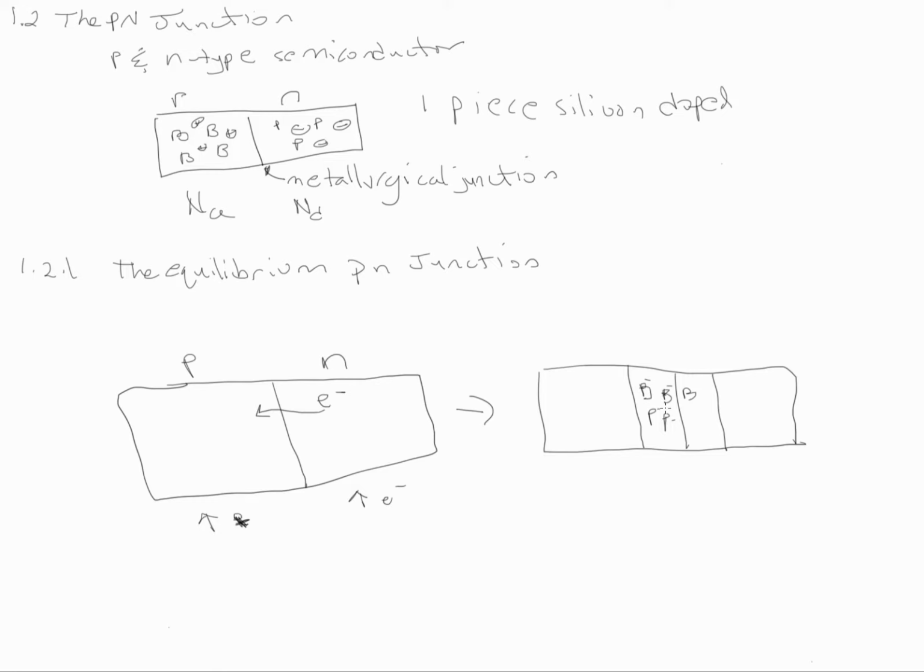You have the boron ions, with their missing holes, and we have all the phosphorus ions, and they're missing electrons. There's no free carriers around them at that point. And then we've developed, like I said, this depletion region, or space charge region, where there is a depletion of the carriers.